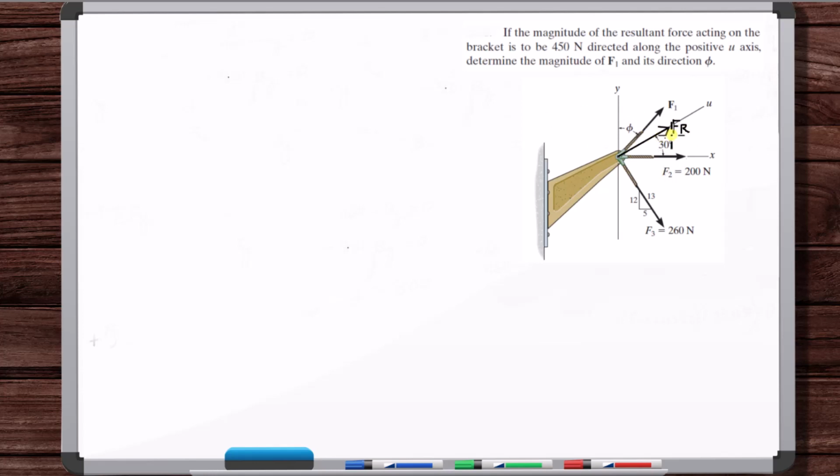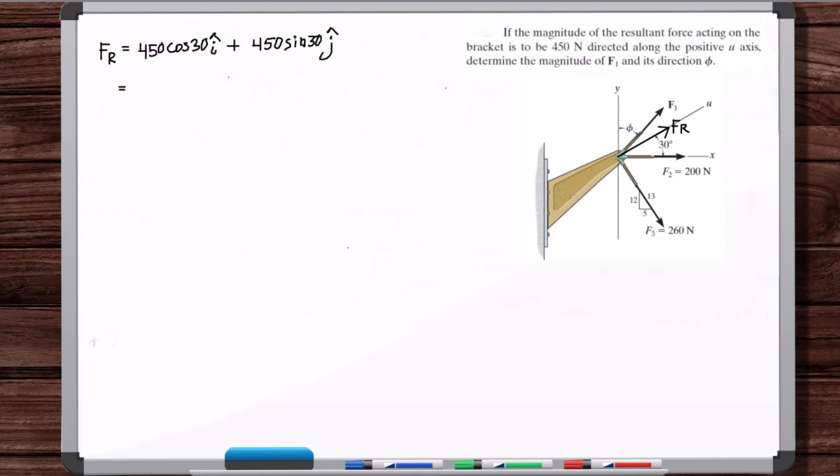Okay, so let's write out FR. FR is 450 cosine 30, and that's positive, and then positive j, positive y, 450 sine 30.